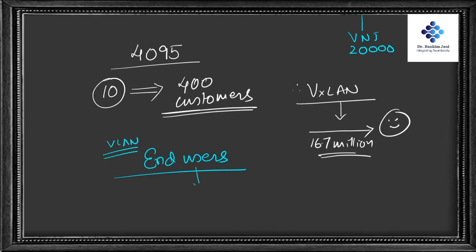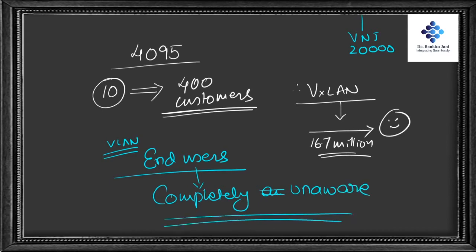End users were completely unaware of which VLAN they belong to. The entire process was completely transparent from the user perspective. The same is true for VxLAN. They won't even know which VxLAN they belong to.